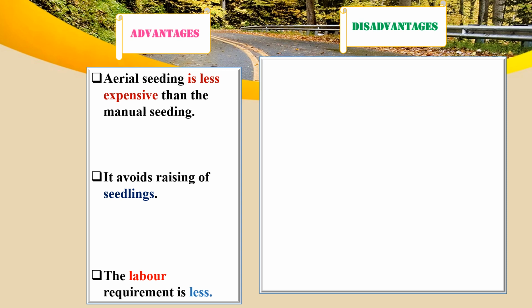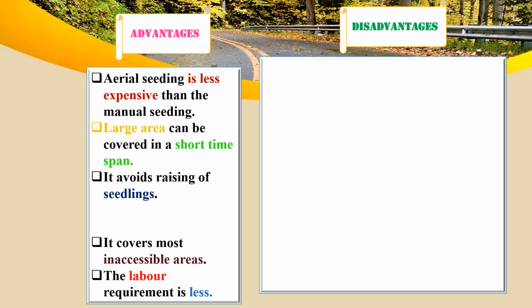The seeds are covered with nutrients and sprayed by agricultural drone, so the labor requirement is less. The areas which are difficult to reach, that is mountain areas, can be covered using this method. It can cover large acres in the least amount of time. Here the distribution of seed is more uniform.